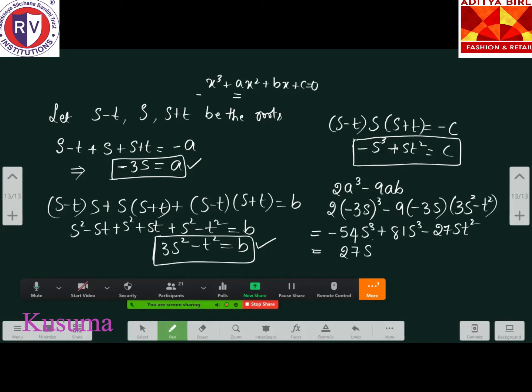So this will give us 27 s cube minus 27 st square. So to give the answer in terms of c, we can take minus 27 common, which will give us minus 27 times s cube plus st square, which is equal to minus 27 c. So the value of 2a cube minus 9ab is minus 27c.